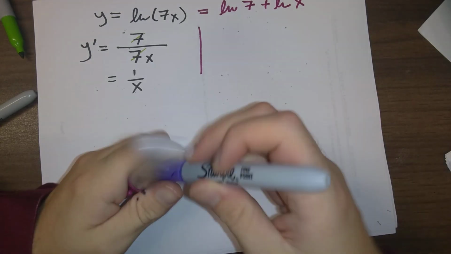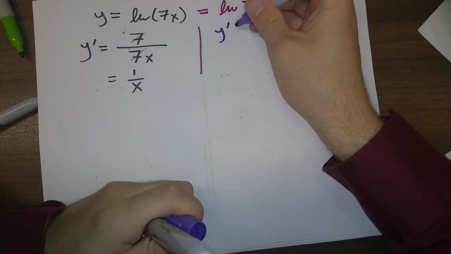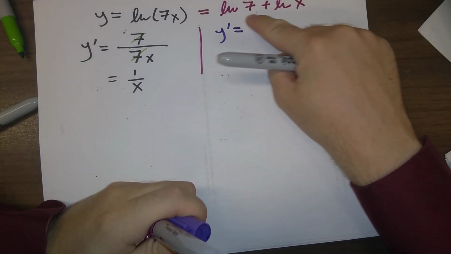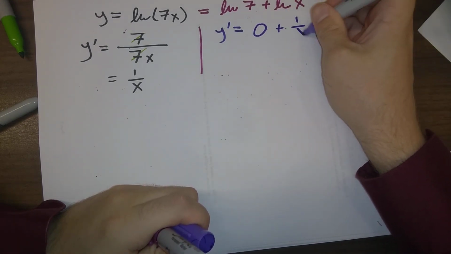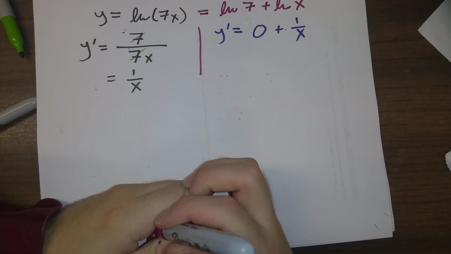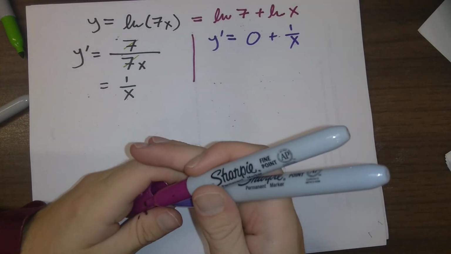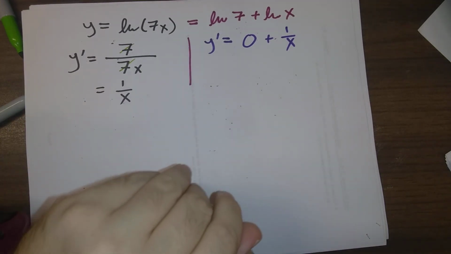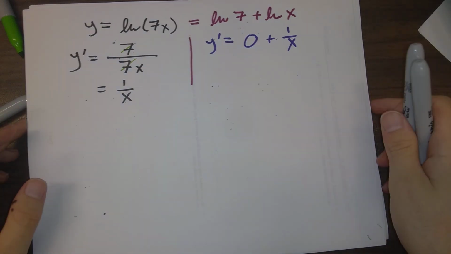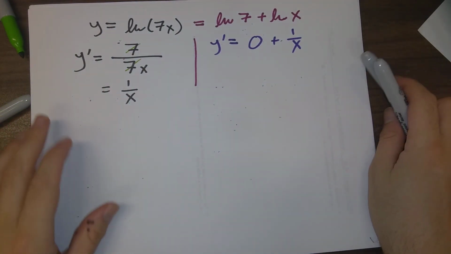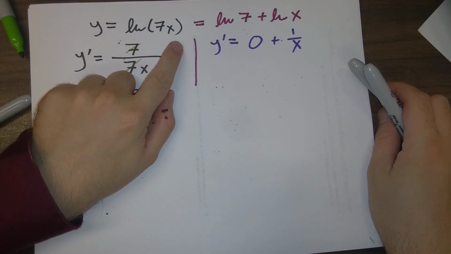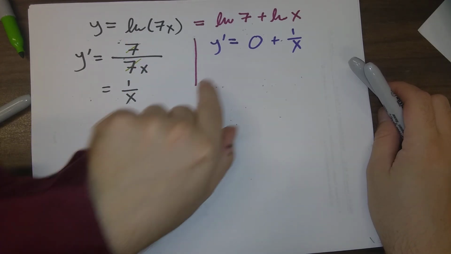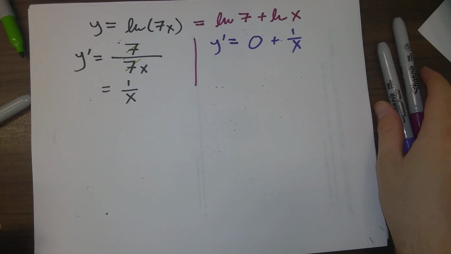And now, if we take the derivative here, the derivative of natural log of 7, that's a constant, that's 0. And so we see that, yes, we get back to the same place using this new method. So in general, if you take the derivative of natural log of any constant times x, you're just going to get 1 over x, because you could always rewrite things in this way.